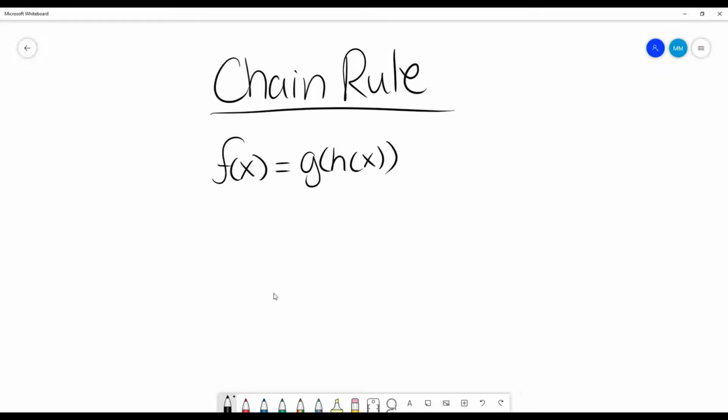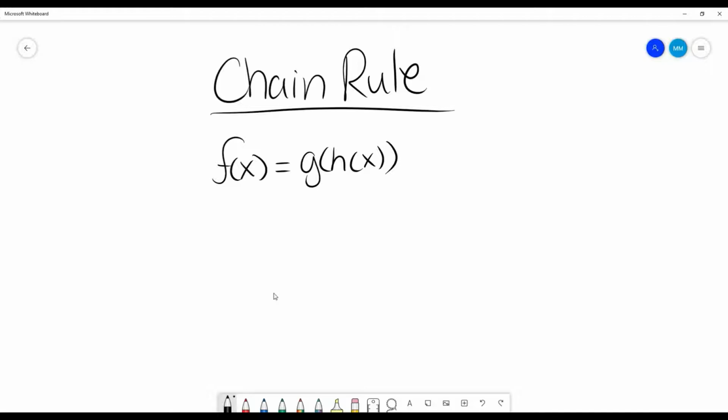So maybe I have g of h of x. We could also write that as, I believe, we can also write it like that if that's a notation you're more familiar with, but this is how I write it. So we've got g of h of x, and we want to take the derivative of this, and the trick is that there's this term in here that also needs the derivative taken of it.